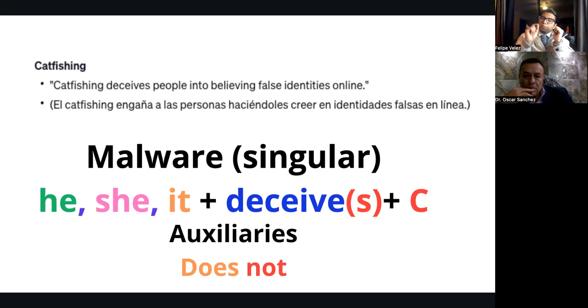We have to make sure we pronounce the S sound. The core is only to say deceives plus the complement. So again, catfishing deceives people into believing false identities online. Identities.